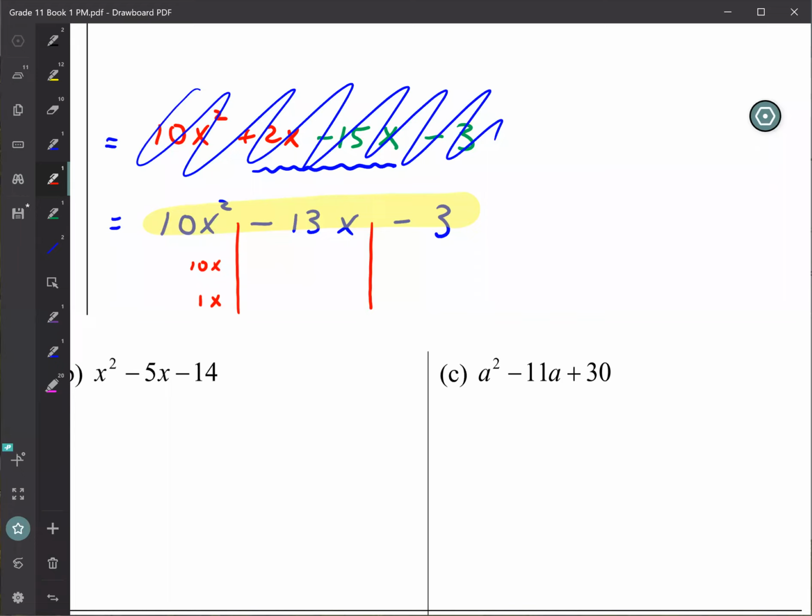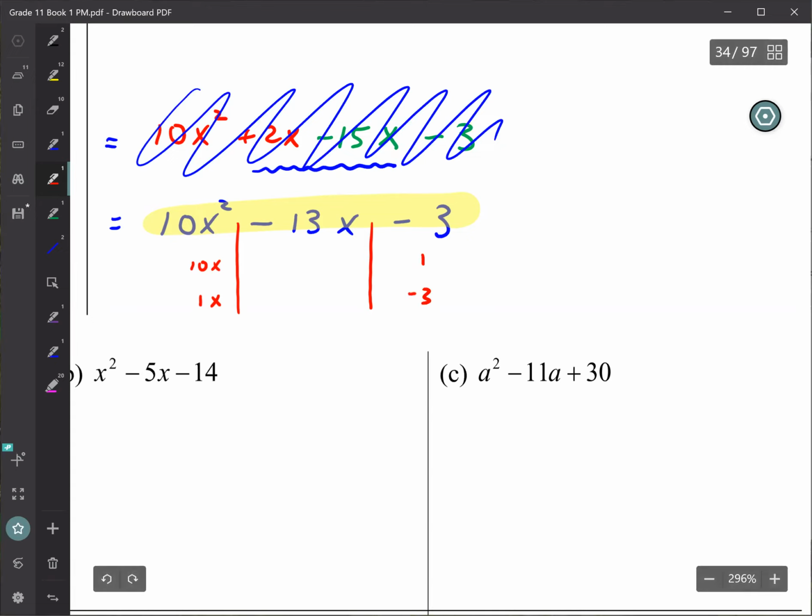Did you hear the question? The last number, the -3. Which two numbers multiplied together equal -3? 1 and -3. Okay, so let's try that.